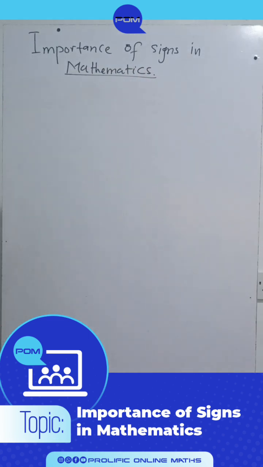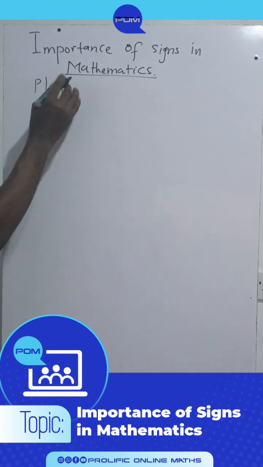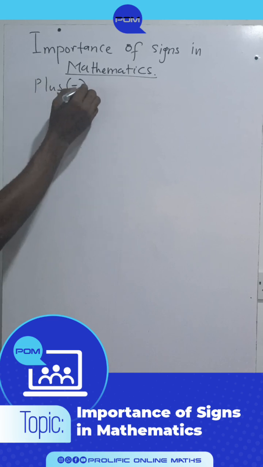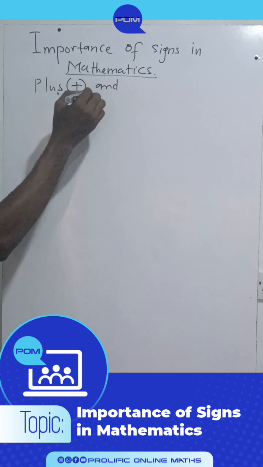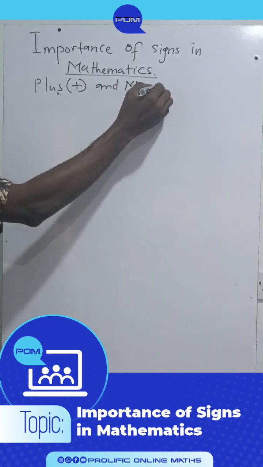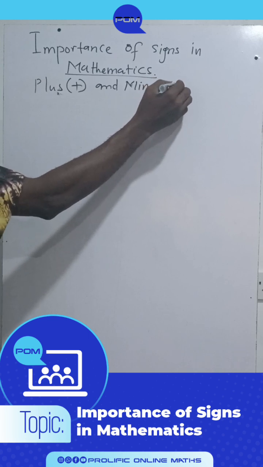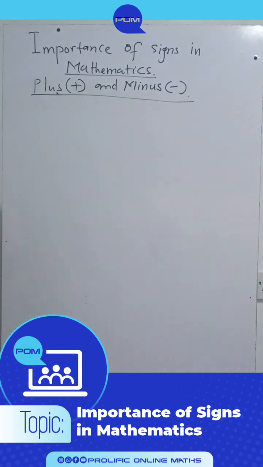The basic signs are just plus and minus signs. The plus and minus signs.